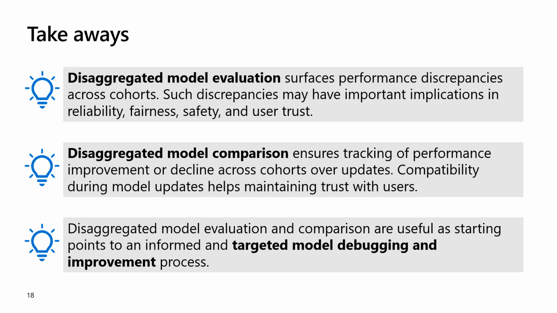Compatibility during model updates helps maintain trust with users or other components in the ecosystem. Disaggregated model evaluation and comparison are both useful as starting points to an informed and targeted model debugging and improvement process.